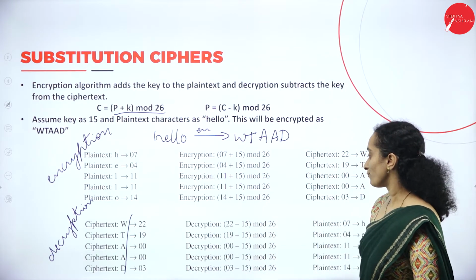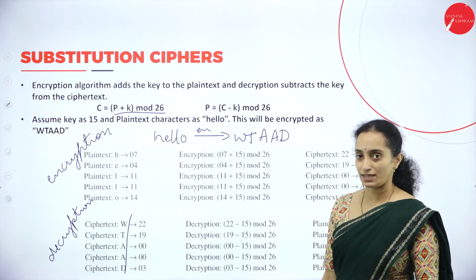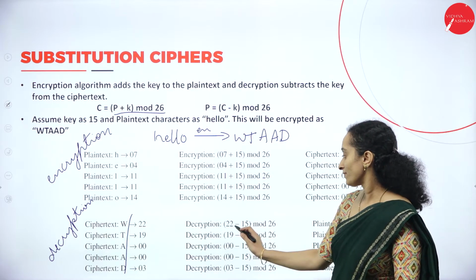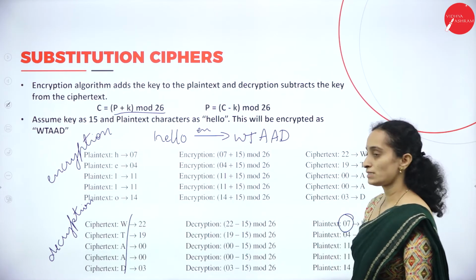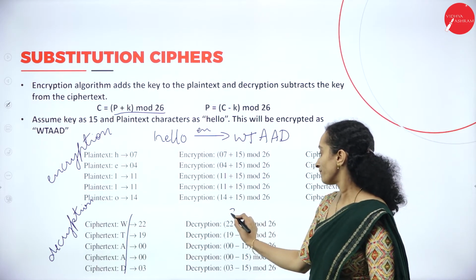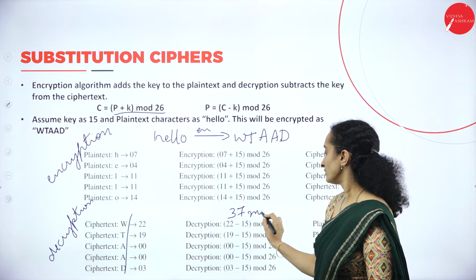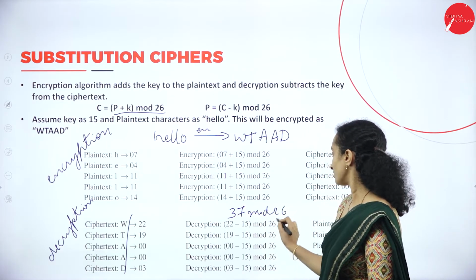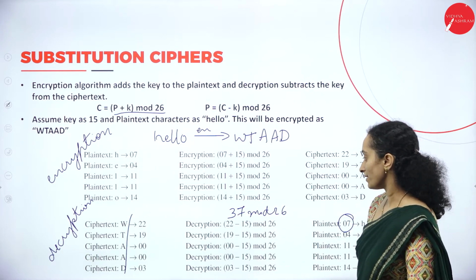Now we have to find the inverse. 22 minus 15 is 7, mod 26 will give you 7.